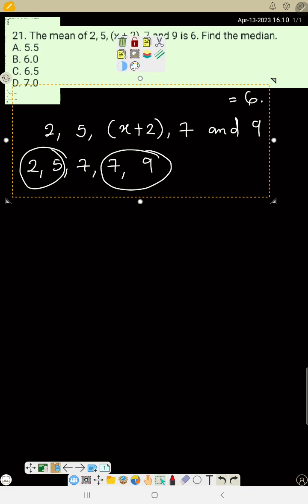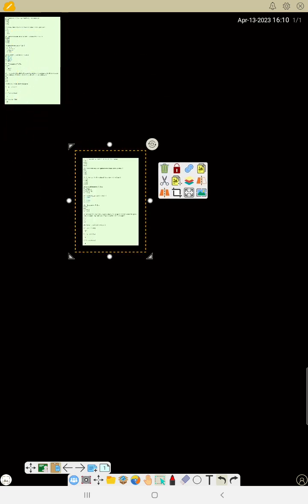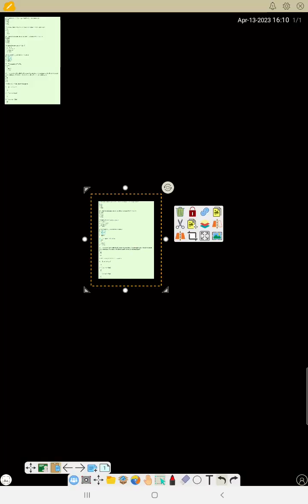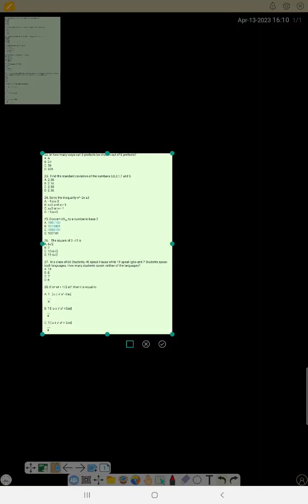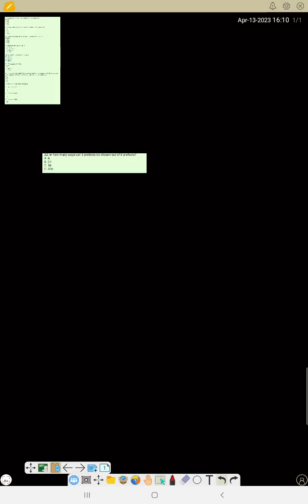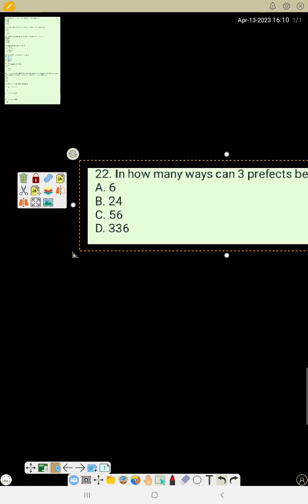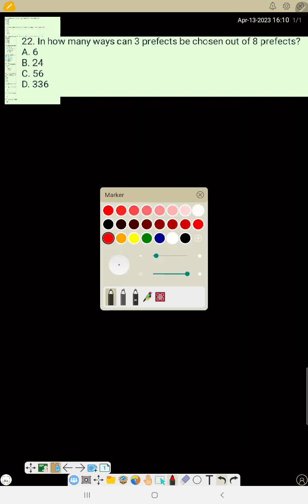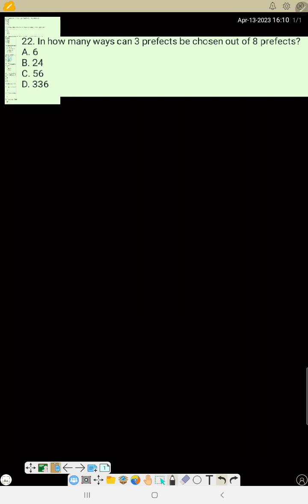So let's see number 22. In how many ways can 3 prefects be chosen out of 8 prefects?